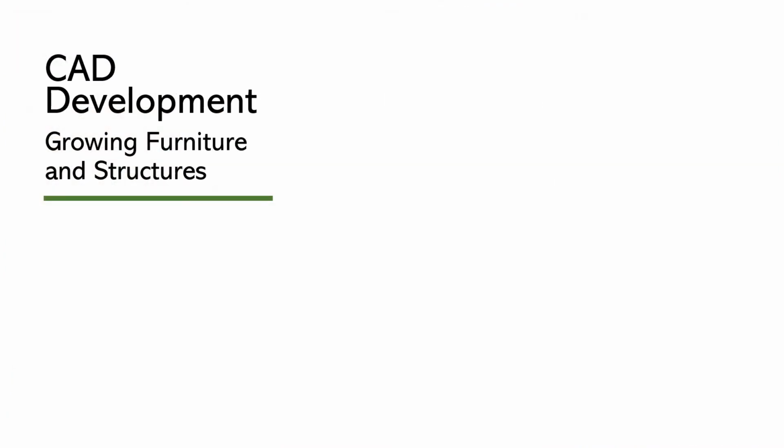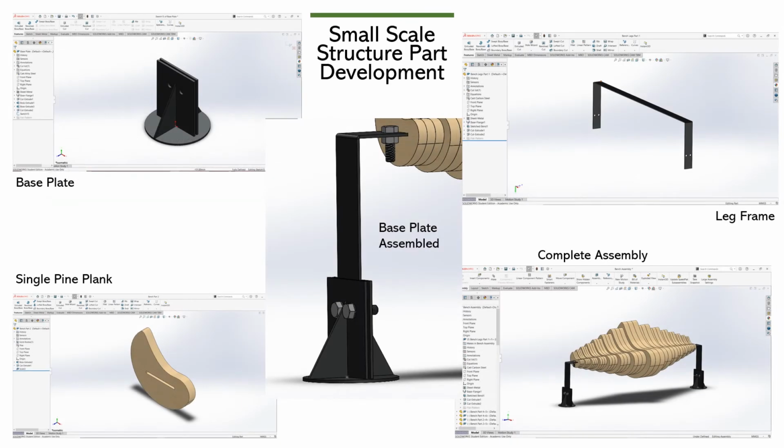Then we're going to move on to CAD development. As you can see, this is the small scale structure part development. Over here we have the base plate or the joinery. This is the leg frame that joins into this base plate for support.